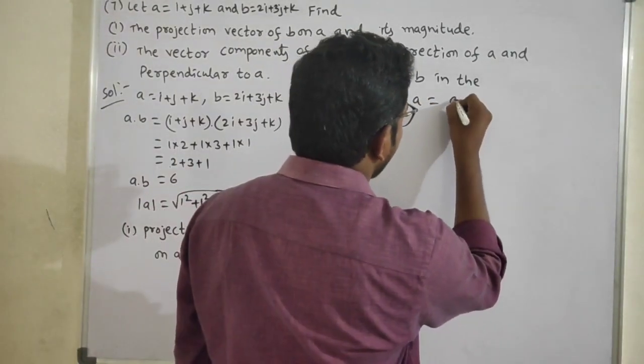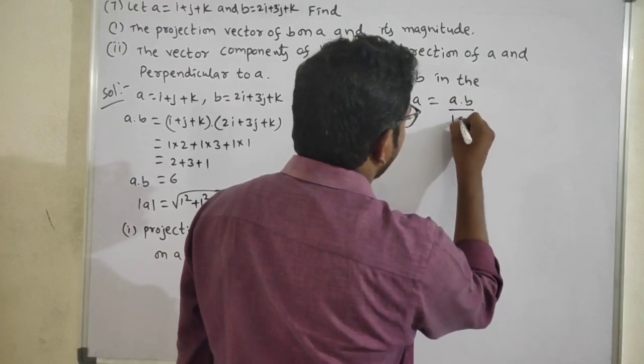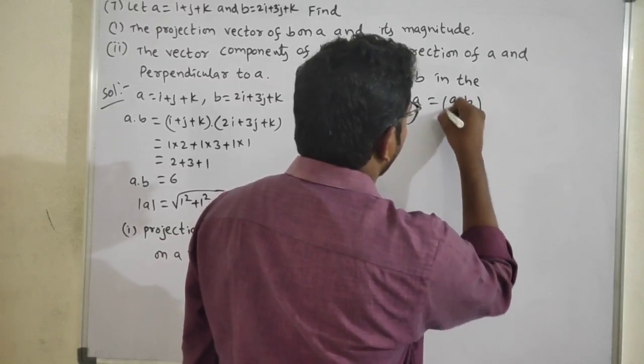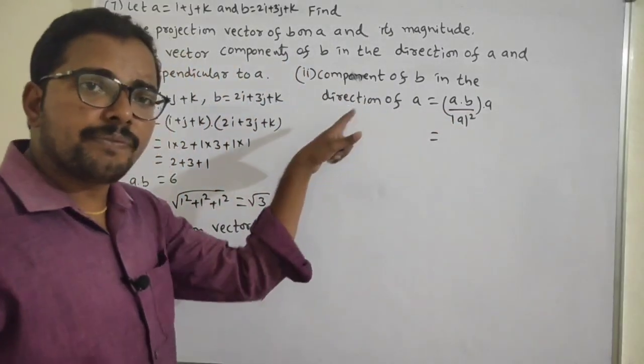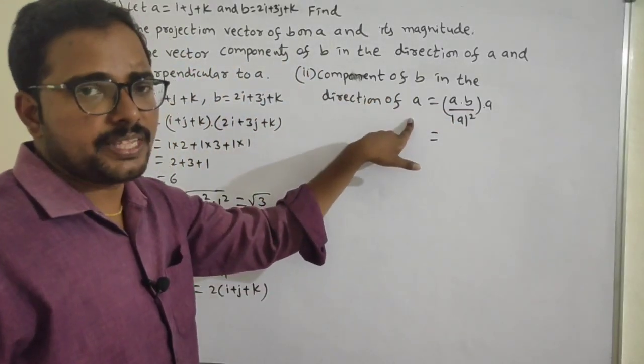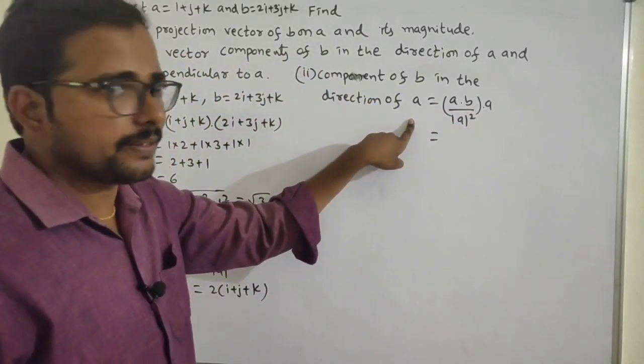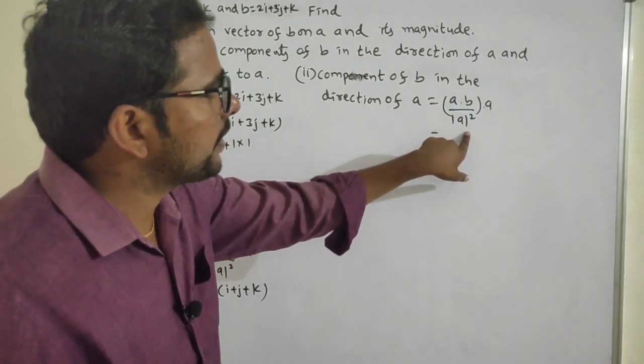A dot B by mod A square into A. This is the component of B in the direction of A. In the direction of A means parallel to A. So it is A dot B by mod A square into A.